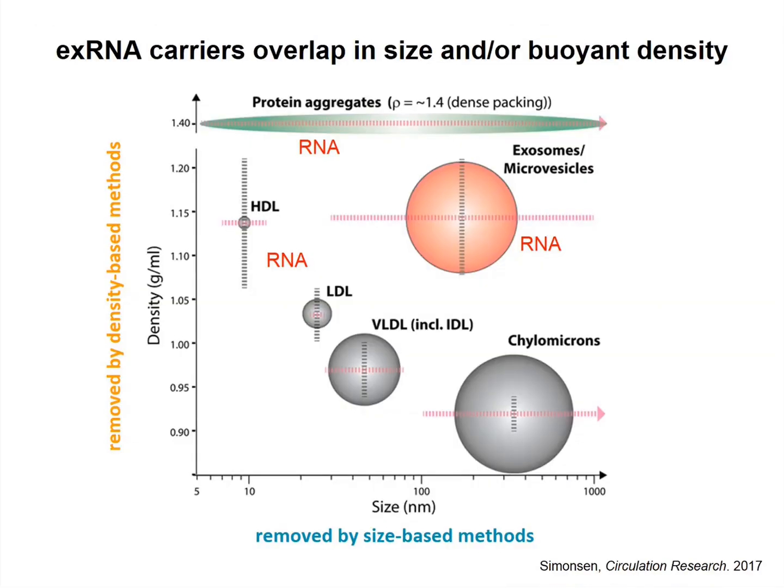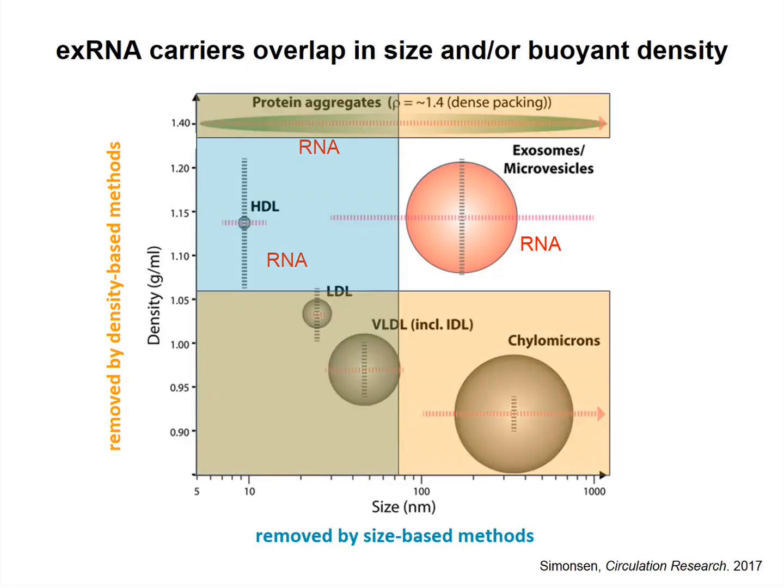So back to our scheme, which depicts the different extracellular RNA carriers. You may have noticed that the extracellular RNA carriers in plasma here have overlapping sizes and buoyant densities. We can use size-based methods to separate large and small particles. We can use density-based methods to separate low-density lipoprotein particles and high-density protein complexes away from intermediate-density EVs.